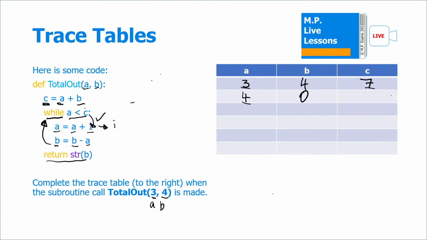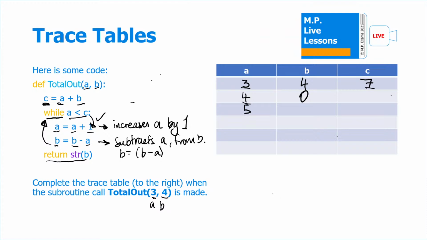This increases A by 1, and this subtracts A from B. So A is increased by 1 again to 5, then B is decreased by 5, so now it becomes minus 5. Nothing happens to C again.